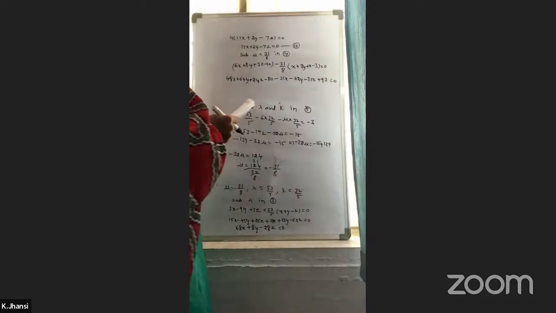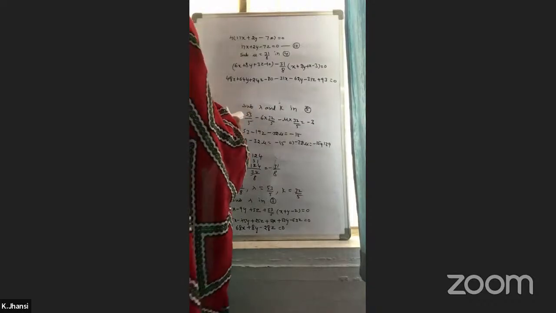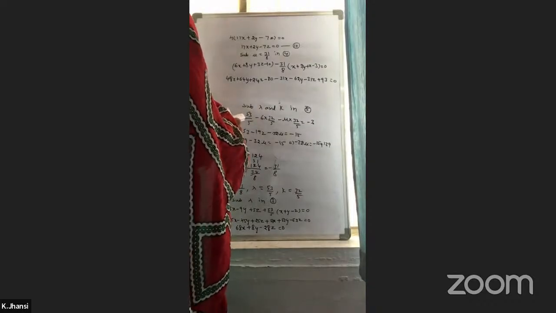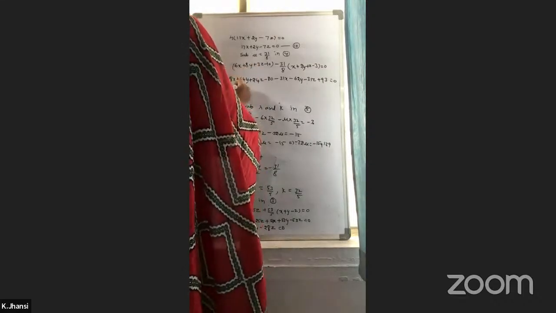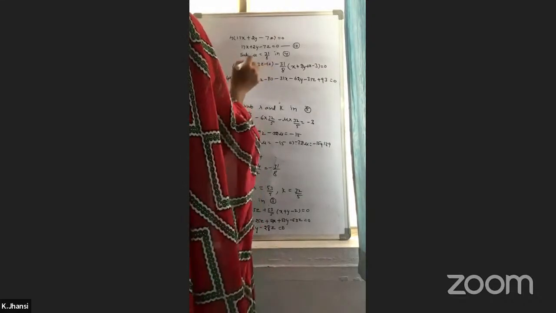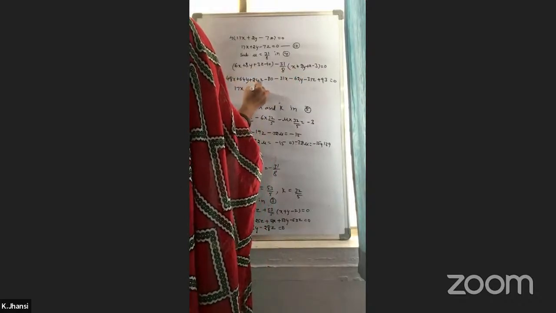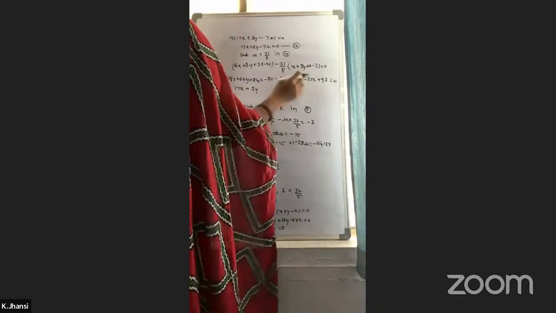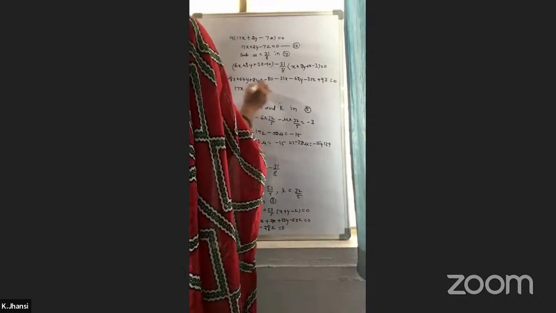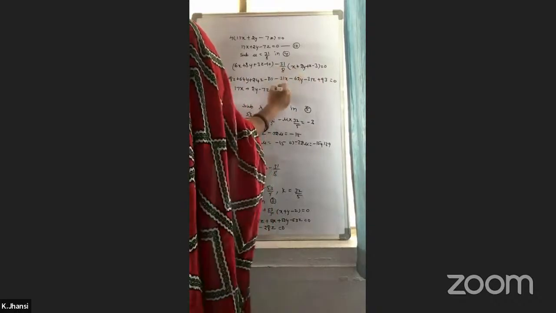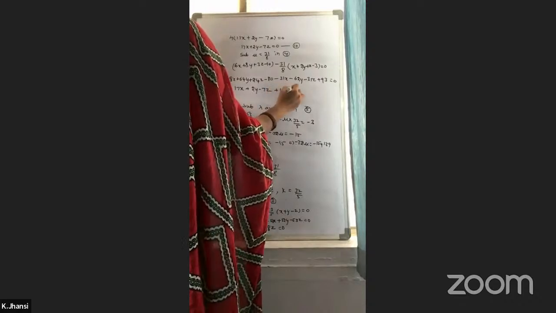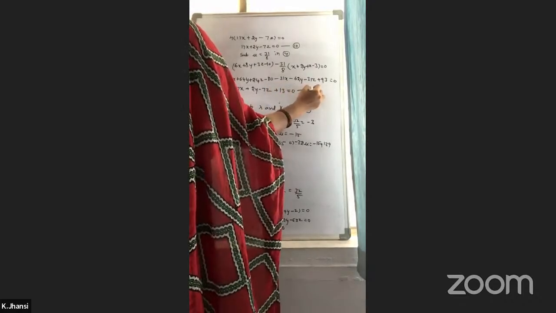Now when you simplify this, you will get 17x minus 20 plus 2y 24. This is minus 7z. This you will get as plus 30 equals 0. This is the 11th one.